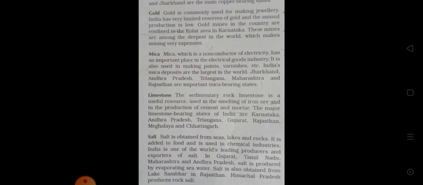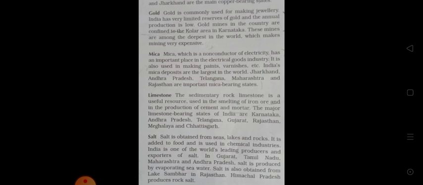The Kolar mines are the deepest in the world, so mining is a very expensive and difficult process, and the quantity of gold is very small.